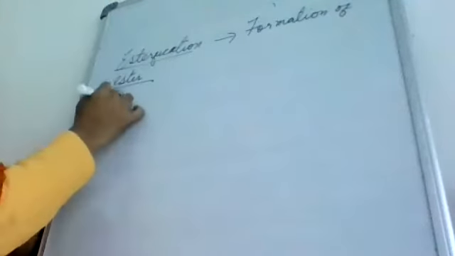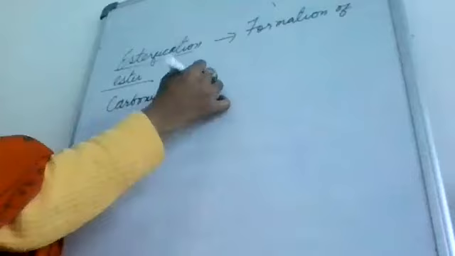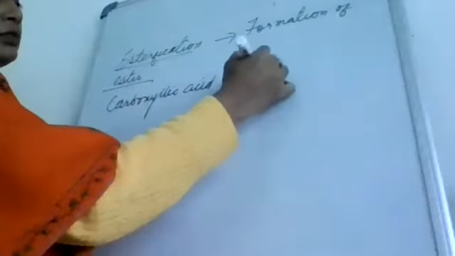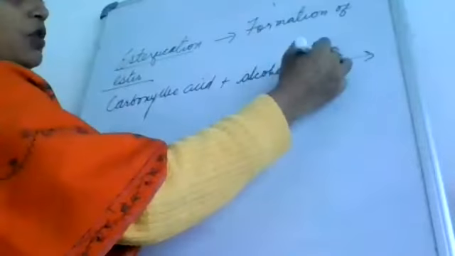It will be formed when carboxylic acid reacts with alcohol in the presence of conc H2SO4 on heating.